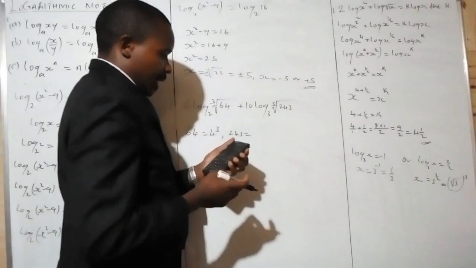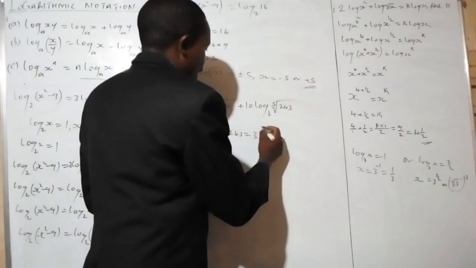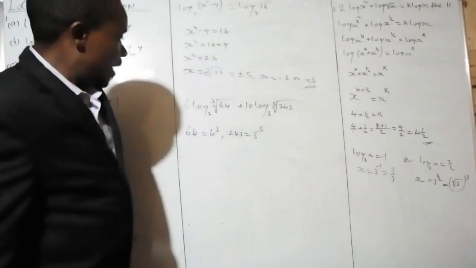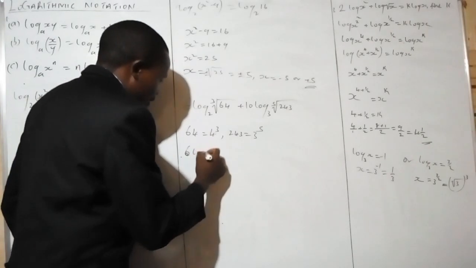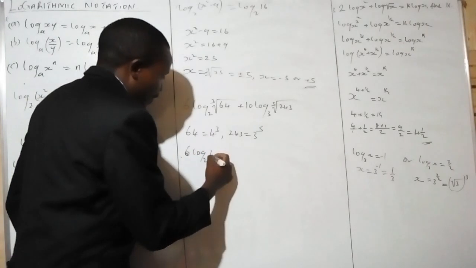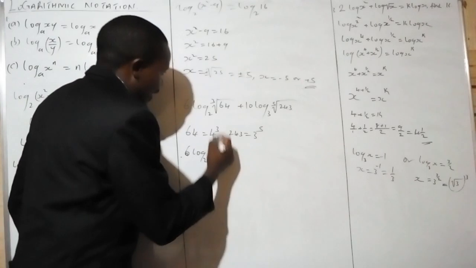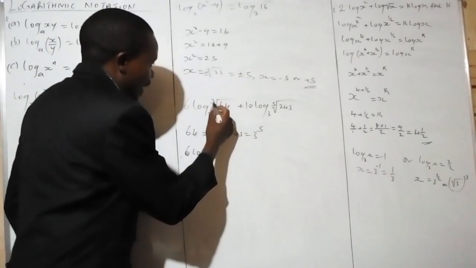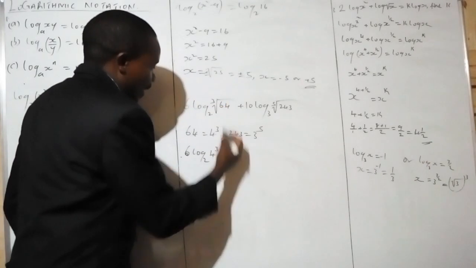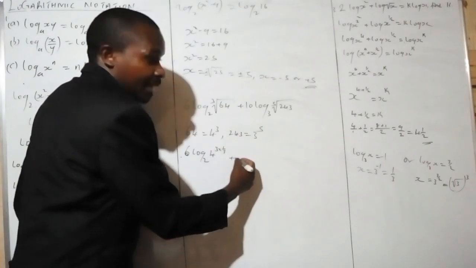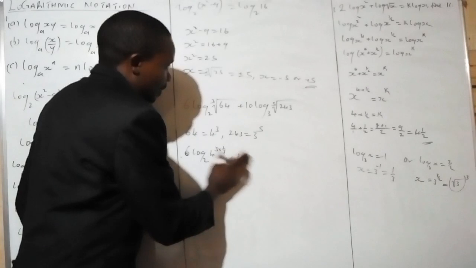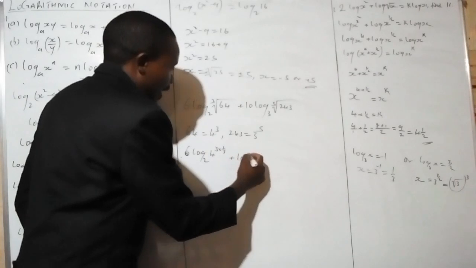Then next, come and say that 6 log to base 2 of 64, it's 4 raised to the power 3. But since here we had the third root, you can say power times 1 over 3 means the third root, plus 10 log to base 3, 243, it's 3 raised to the power 5.